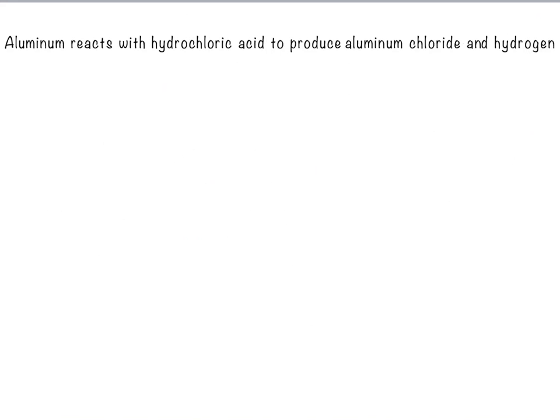Alright, in this example, we have aluminum reacting with hydrochloric acid. You don't know how to name acids yet, but it's HCl. It produces aluminum chloride, aluminum being 3 plus and chloride being 1 minus. The formula is AlCl3. And then hydrogen being diatomic has to be H2. Alright, let's take a look at this.